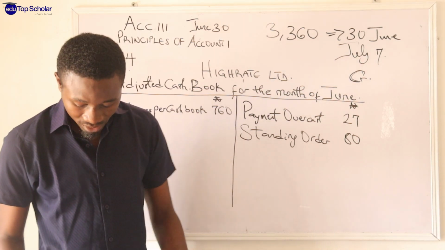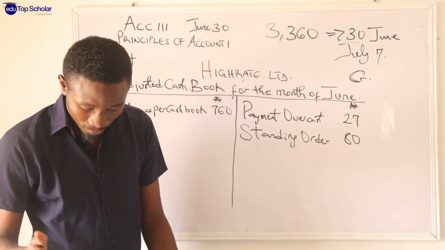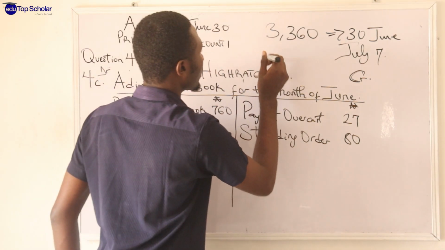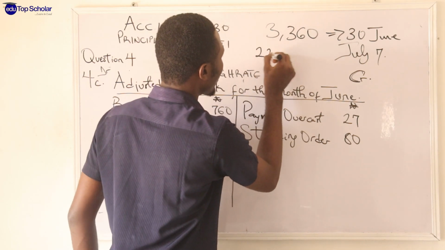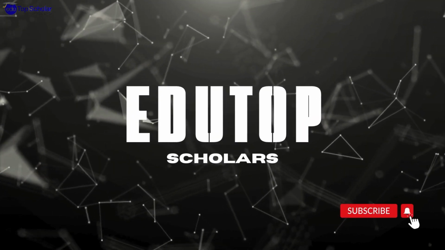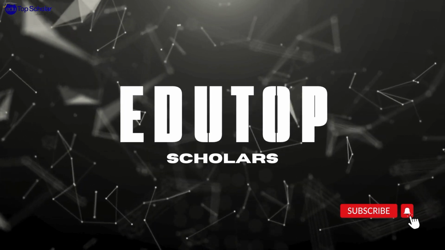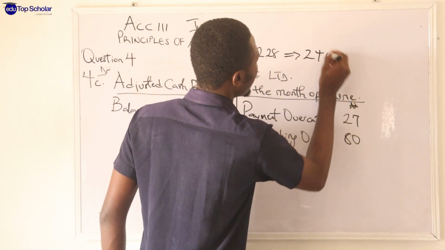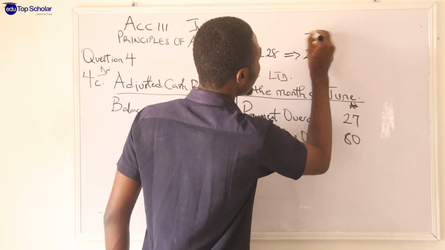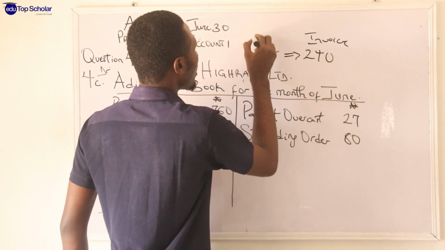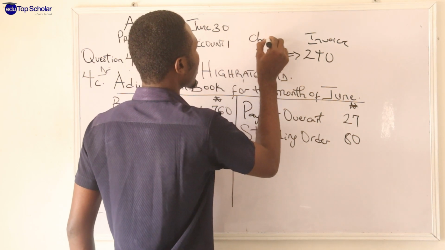So it means there was an undercast of 12 naira. So the person paid 228. We received a check of 228. And what we have in the invoice was a 240 naira invoice.